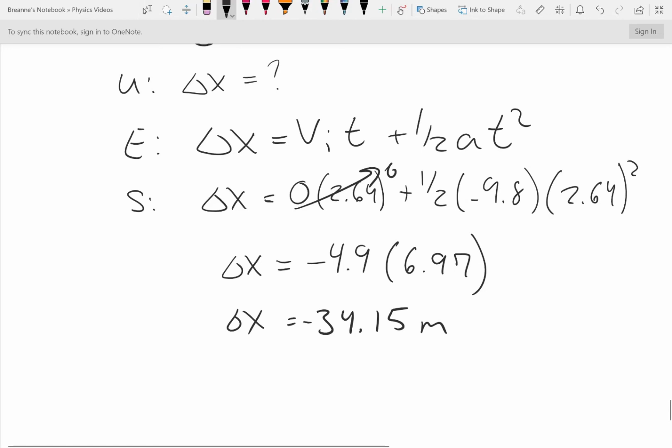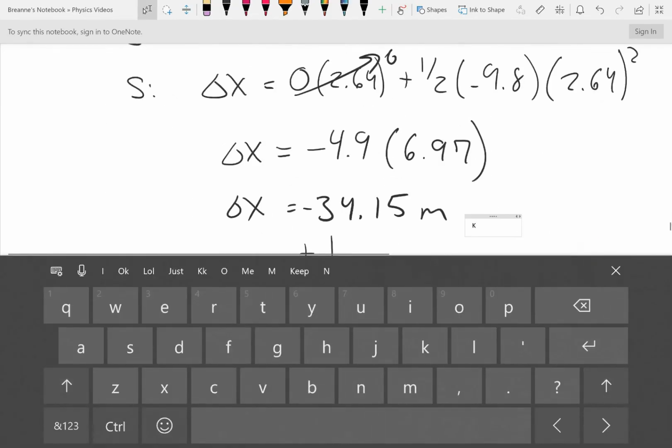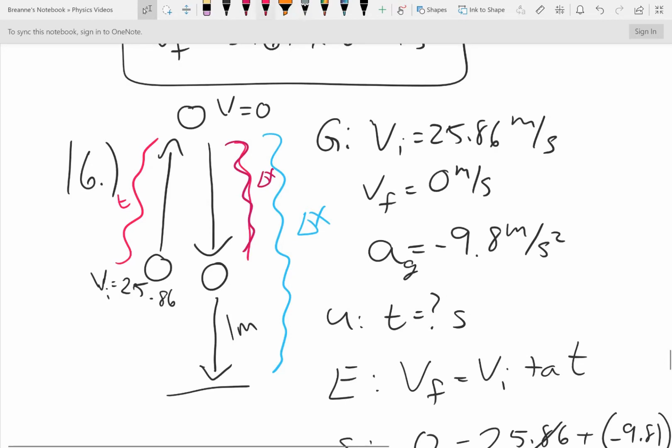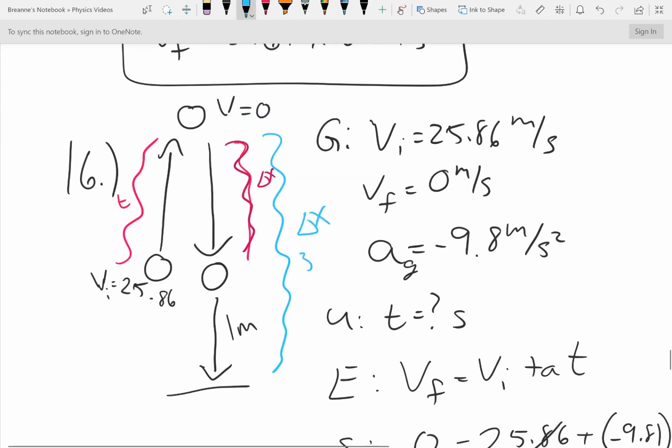Remember, negative is just direction. From there, we can add our 1 meter. So we're left with 35.15 meters. So that is our total displacement. So 35 is our total displacement.